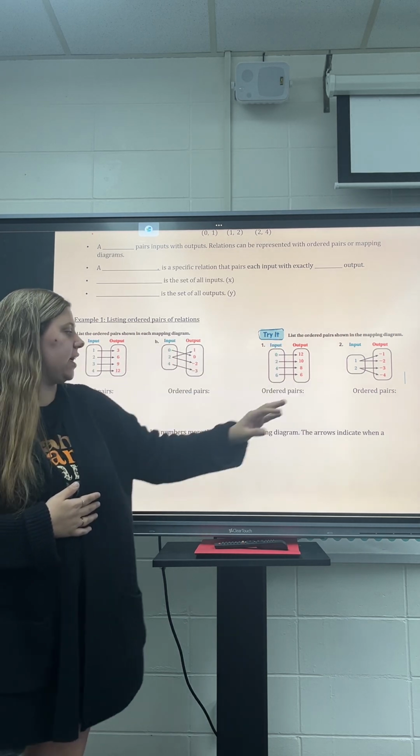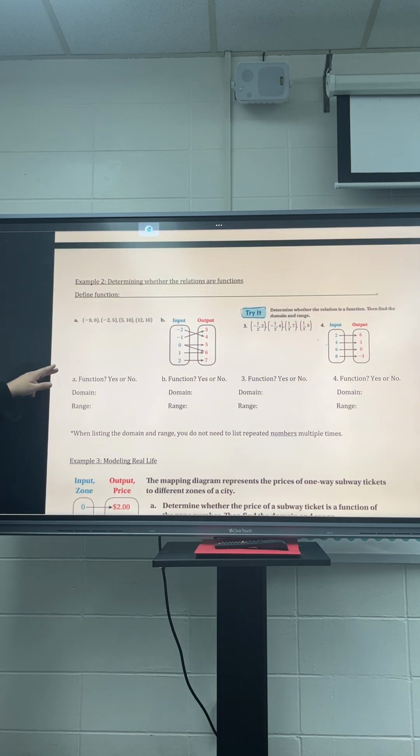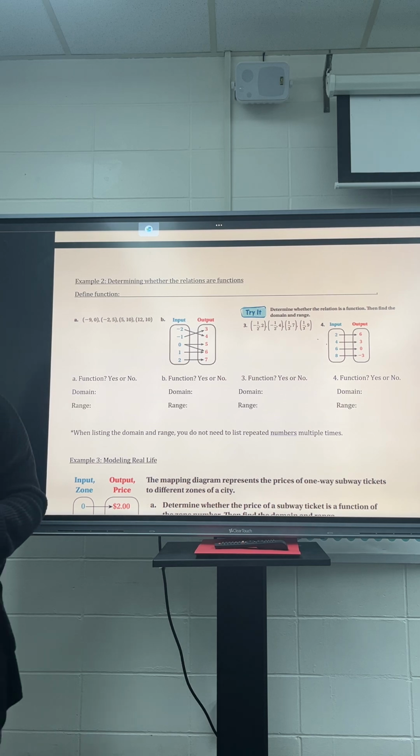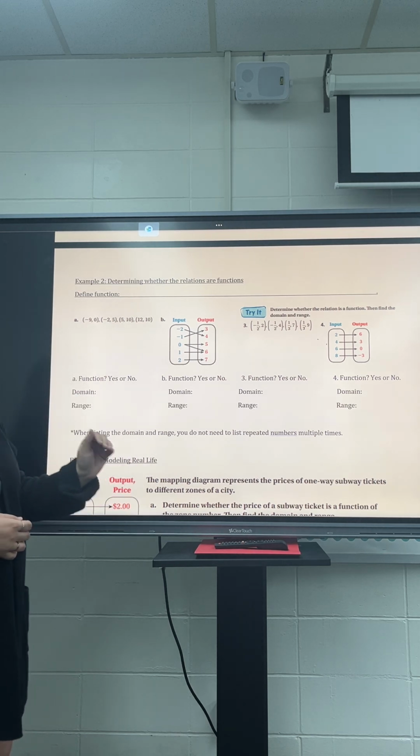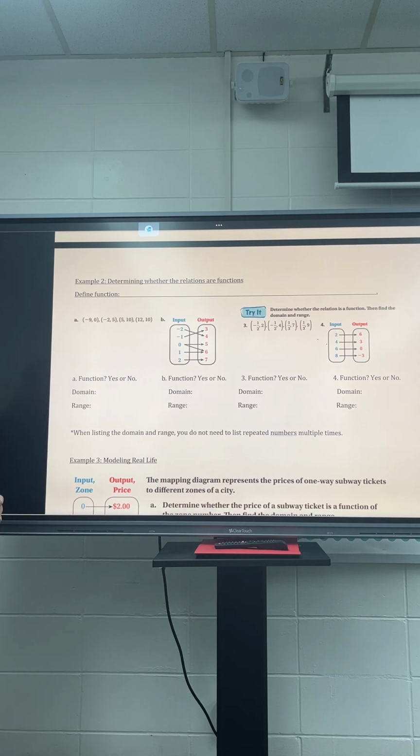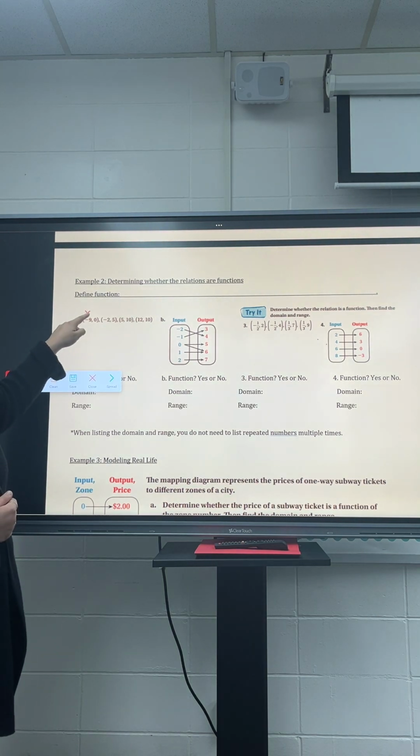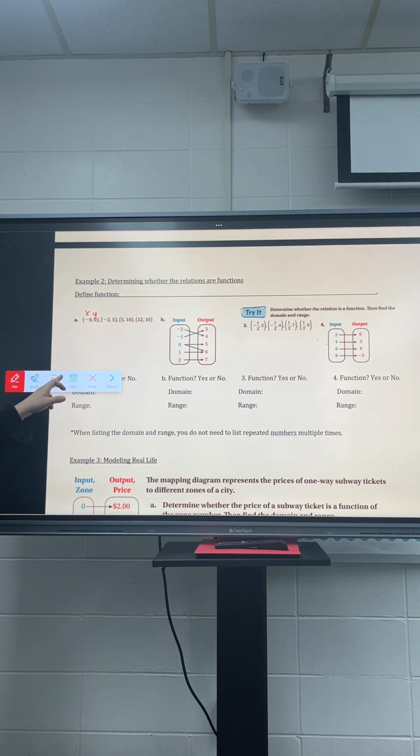Same thing for all of these. Then we started looking at them and deciding if they're a function. You had to remember that a function is one input to one output. Remember, x is our input, y is our output. So we decided, is there anything being repeated? If there is, it's not a function.